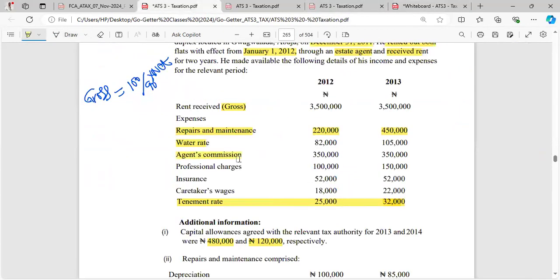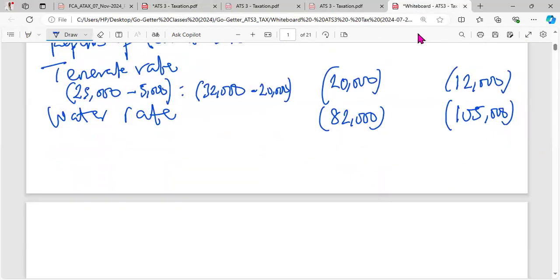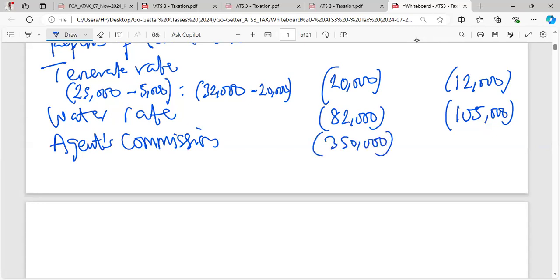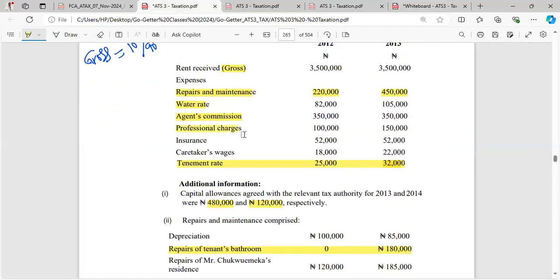We have agent's commission, 350 in all. Agent's commission, 350. 350. What's the next one again? We have professional charges, 100 and 150.